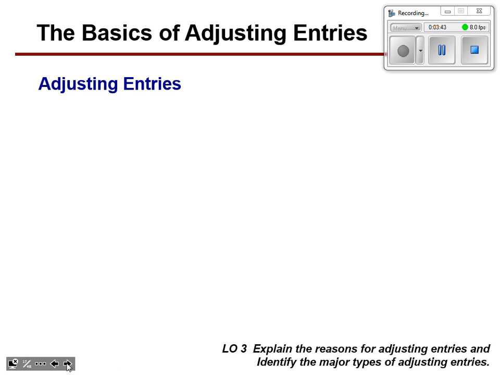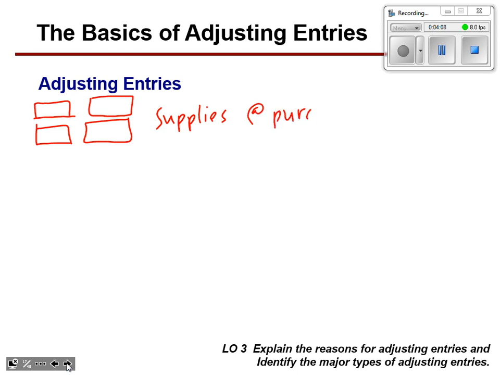To illustrate that further, I want to just draw some stuff, okay? Let's say at the beginning of the fiscal year, I buy 4 erasers. Those are beautiful erasers, okay? So those are supplies. At the time of purchase, we're going to debit them. We gained 4 erasers.